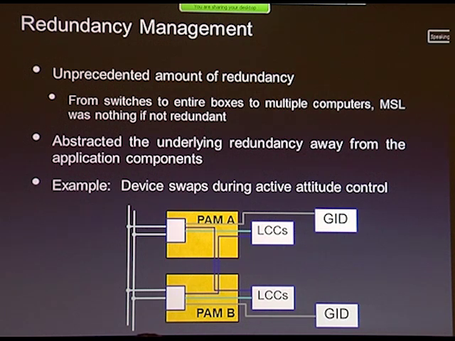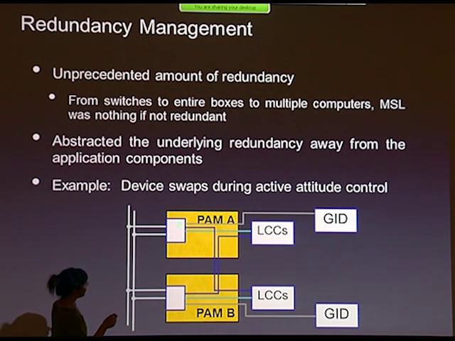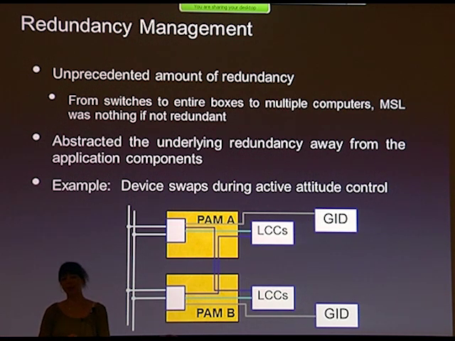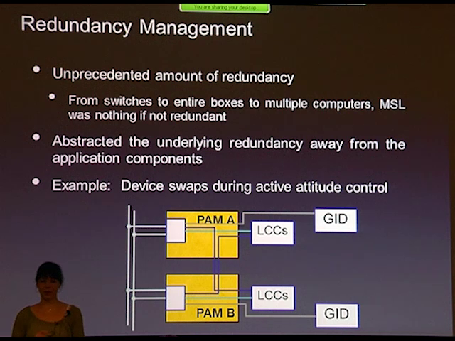And at this higher level, I should point out that by the abstraction of this redundancy, it just said, okay, try the backup. It didn't have to know about the fact that all of these load control cards had certain switches on. When you swap to this backup unit, you have to make all the switches on that backup side mirror what was on the front side.